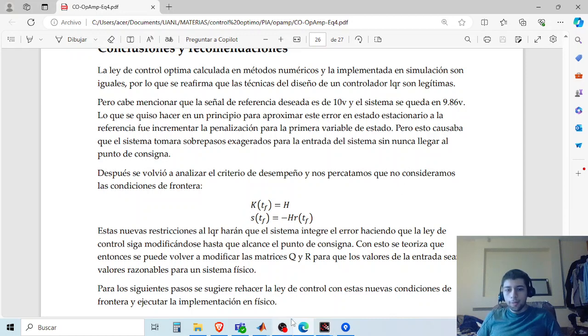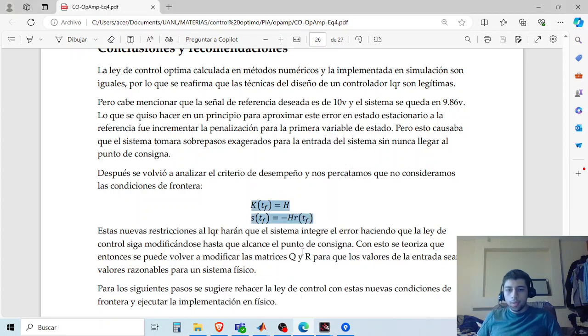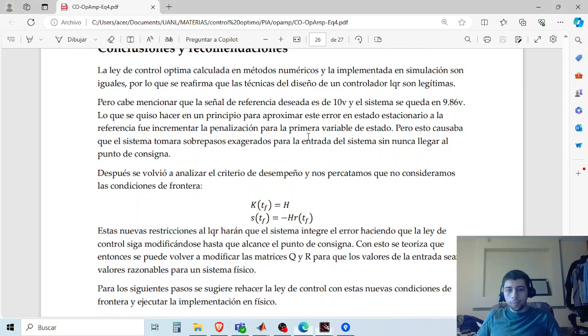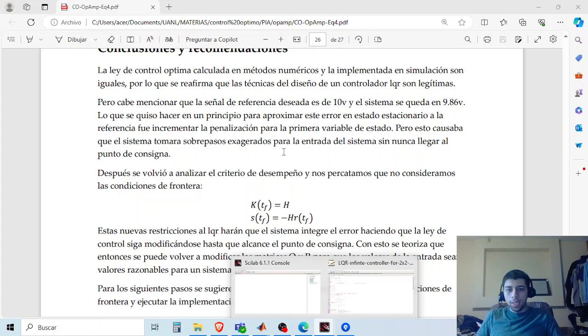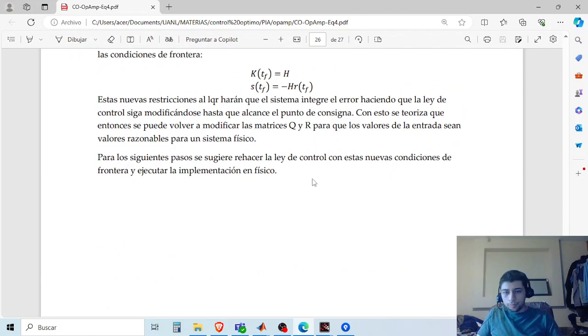And if we solve and design our controller taking these considerations, what the controller will do is to integrate the error and modify the control law even though it reaches the point where it is getting stuck. So it will actually keep modifying the input till the output voltage meets the reference.